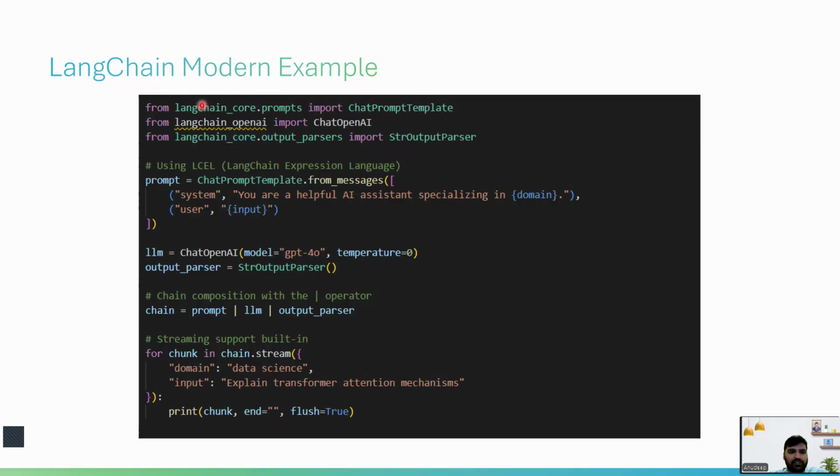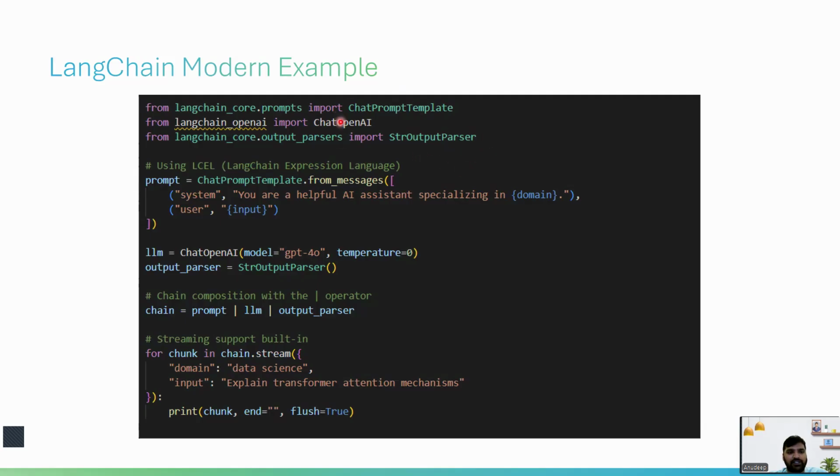So this is the library, and within that library, we have the sub-library prompts, and this is the function ChatPromptTemplate. For us to chat with the OpenAI API, we are borrowing ChatOpenAI from langchain_openai. From langchain_core, once again, from the output parsers sub-library, we are taking StrOutputParser.